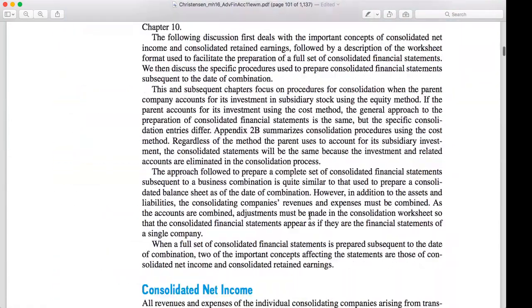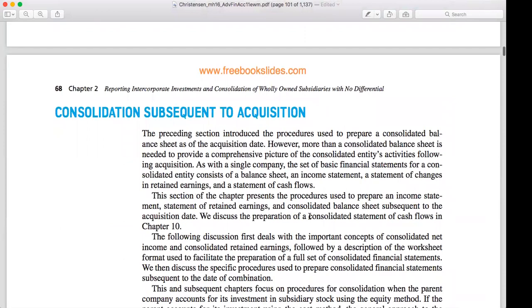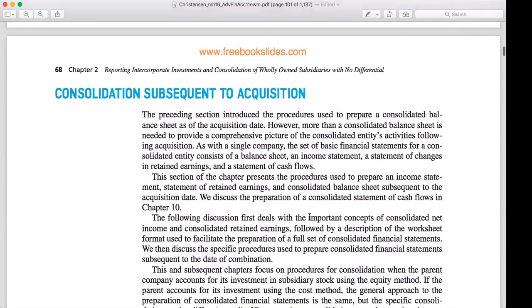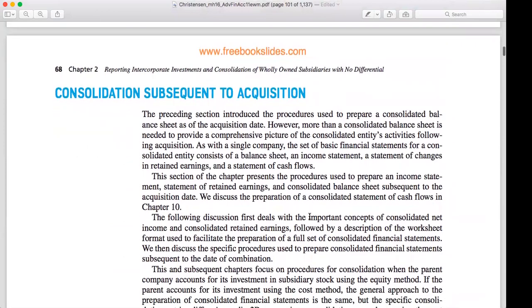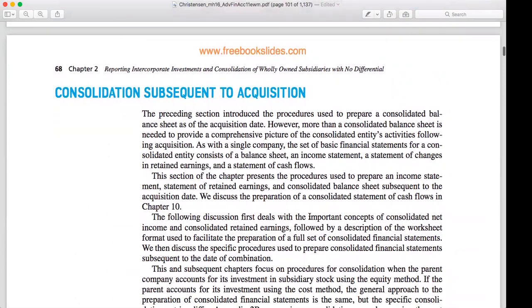There is also consolidation subsequent to acquisition. Before, the procedure was used to prepare the consolidated balance sheet at the acquisition date, but sometimes more than a consolidated balance sheet is needed to provide a comprehensive picture of the consolidated entity's activities after the acquisition.